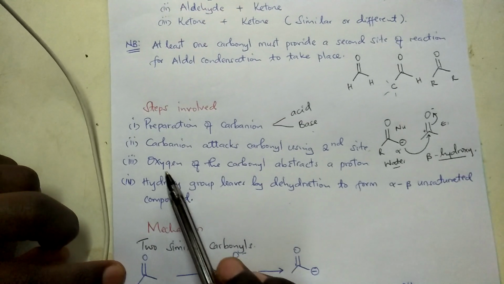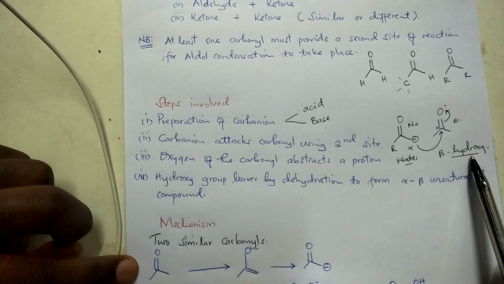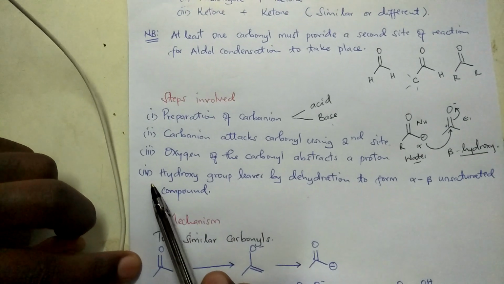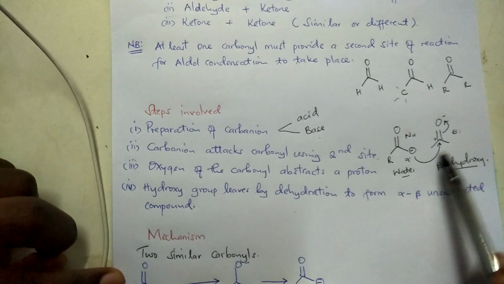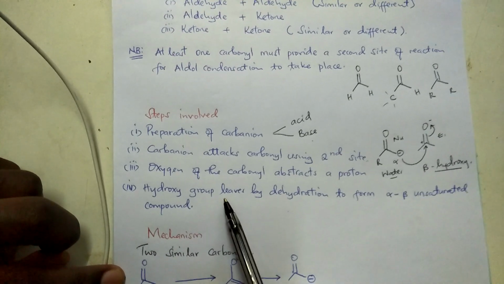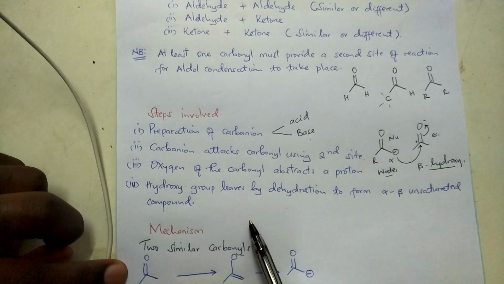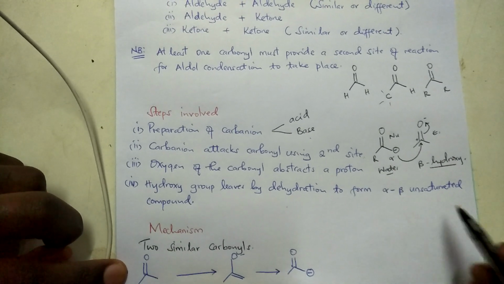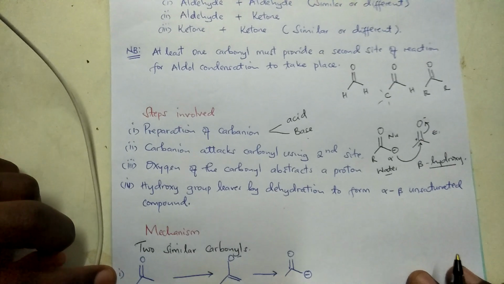At that point we can say that complete aldol condensation has taken place, although the reaction may continue to the fourth step, where the hydroxy group which has been produced here can be lost, or it leaves by dehydration to form an alpha beta unsaturated compound, which now marks the end, so the reaction cannot continue from that point.